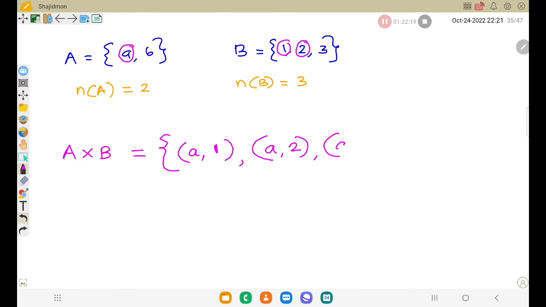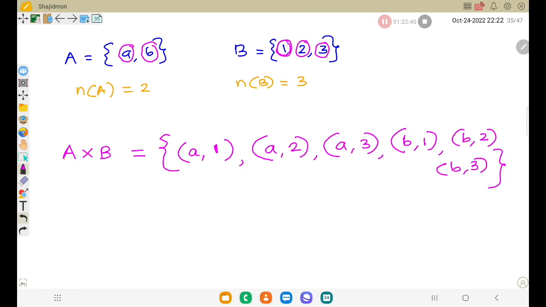Same a, take the third number, that is 3. After that, go to b: b, 1; b, 2; then b, 3. This collection: first number from the first set, second number from the second set. Like that we write all the possibilities, all the ordered pairs.